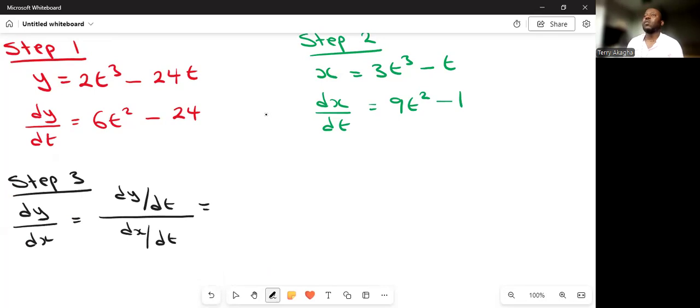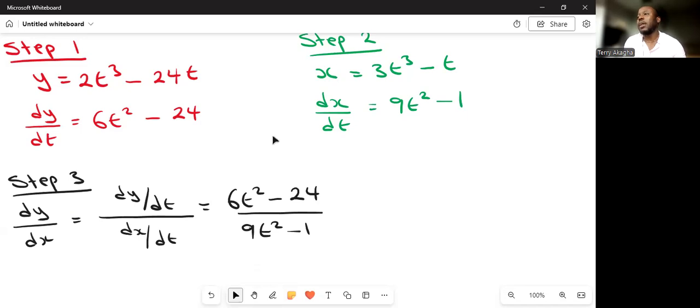Okay? So dy over dt, we had it to be 6t squared minus 24, okay? Divided by dx over dt, we had it to be 9t squared minus 1, okay? So, yeah, I think that is the best we can do.